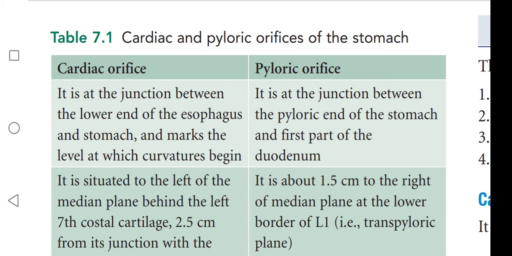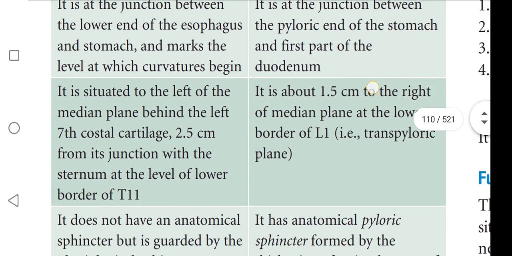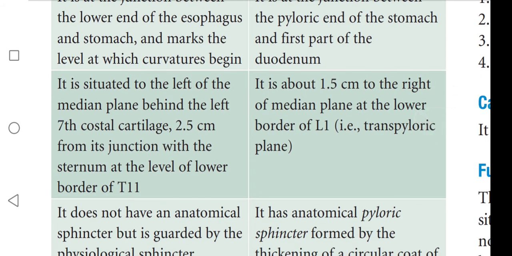It is at the junction between the pyloric end of the stomach and the first part of the duodenum. The cardiac orifice is situated to the left of the median plane behind the left 7th costal cartilage, 2.5 cm from its junction with the sternum, at the level of the lower border of T11.